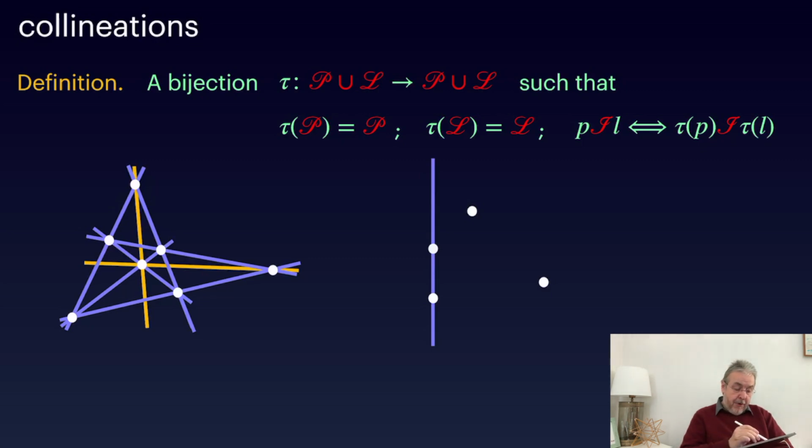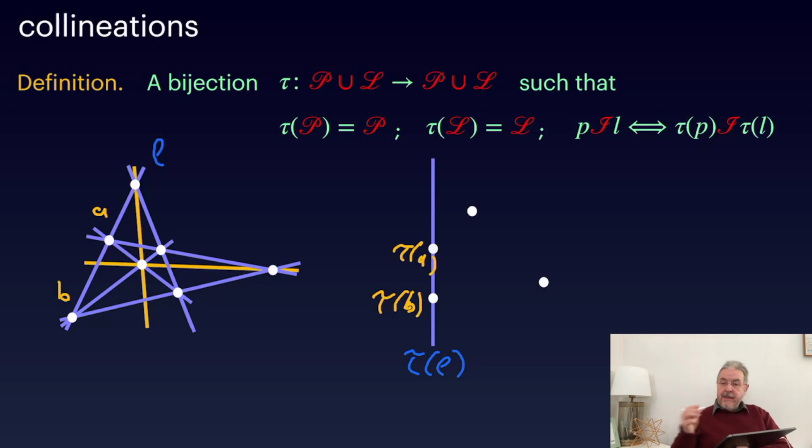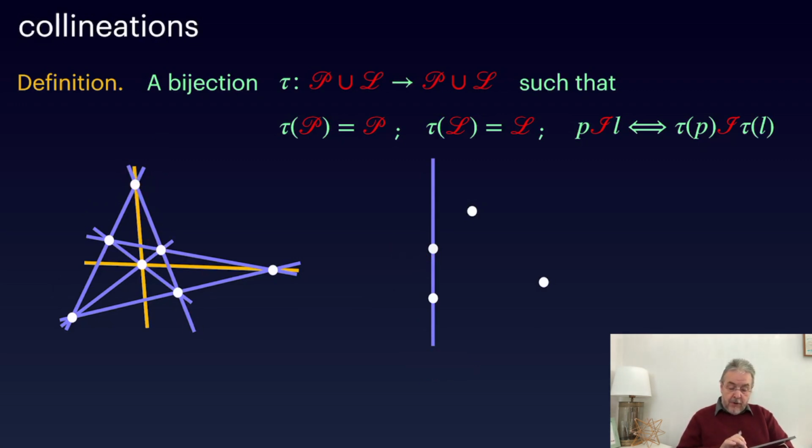So if you have a point A here and a point B here, and you have tau of A here and tau of B here, then the line, say L here, has to get an image tau of L at the same time incident to both points. And this now happens to all of those lines. So for instance also to this one here.